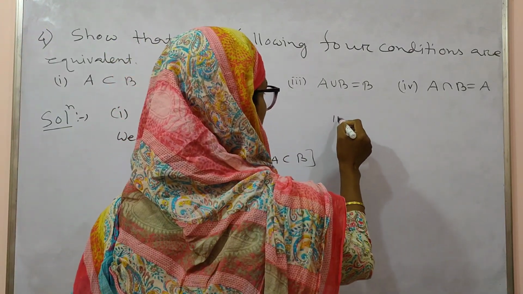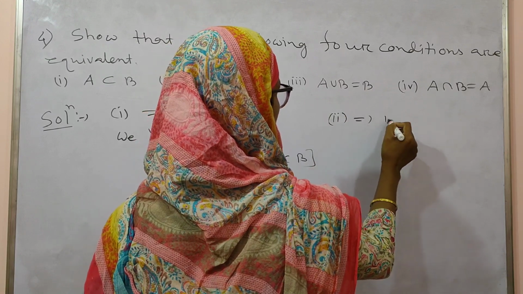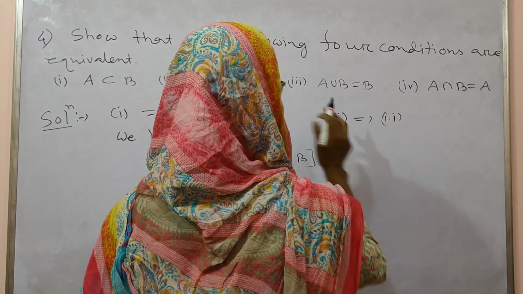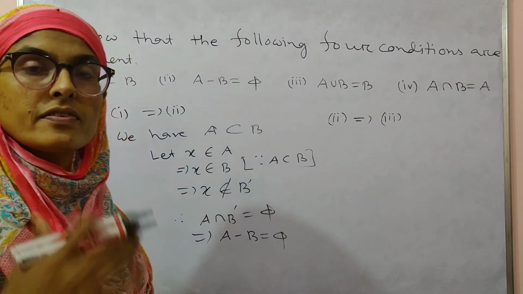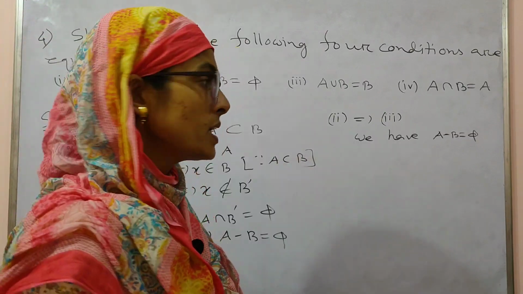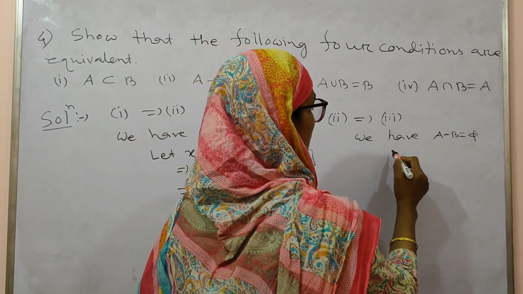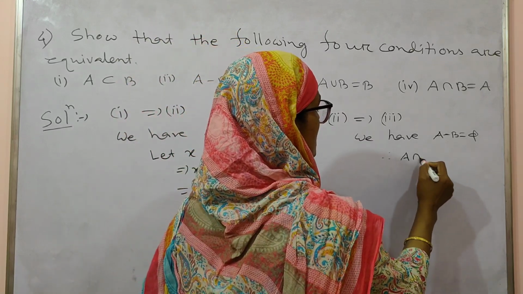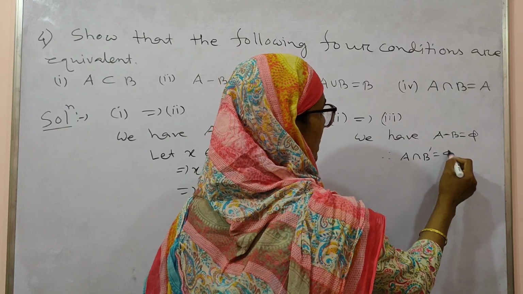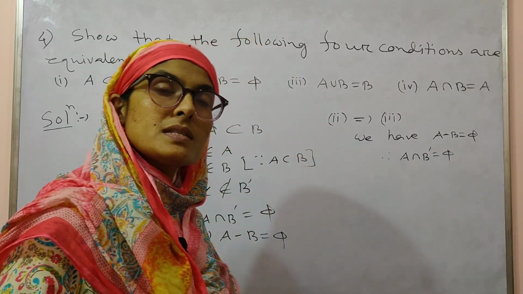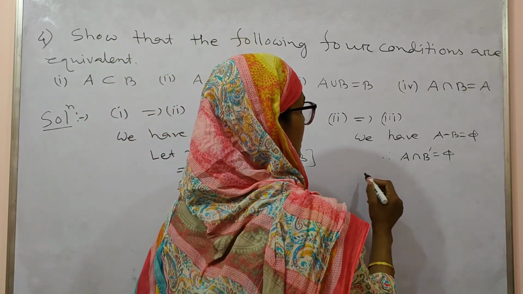Next, number 2 implies number 3. Here the given condition is A difference B equals the empty set. We have A difference B equals the empty set. Therefore, A intersection B complement equals the empty set. A difference B means A intersection B complement.